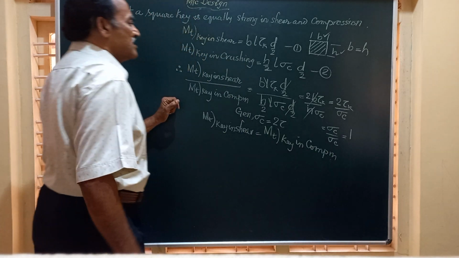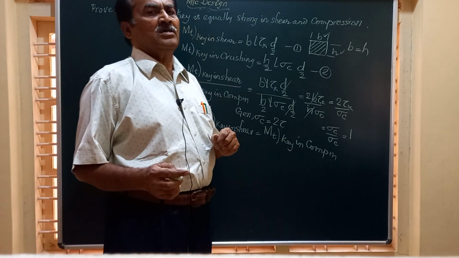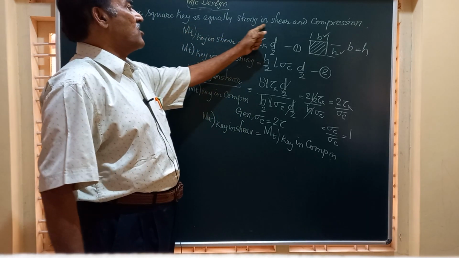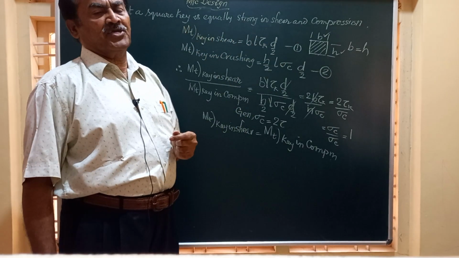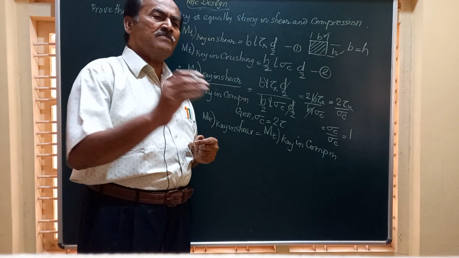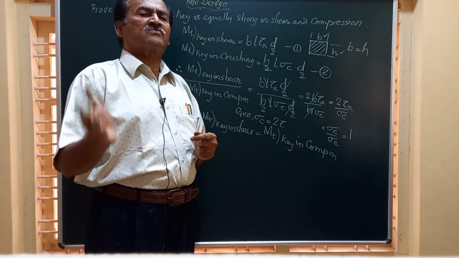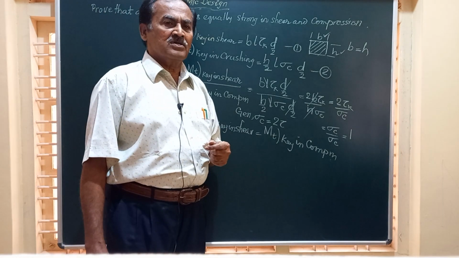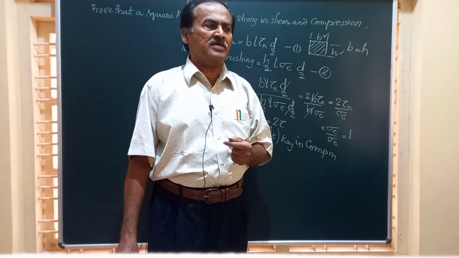That is to say, in other words, that a key having square section is equally strong in shear and compression. That means it will be able to transmit the same value of torque whether it is failing by shear or by crushing. Friends, I hope the presentation was interesting.